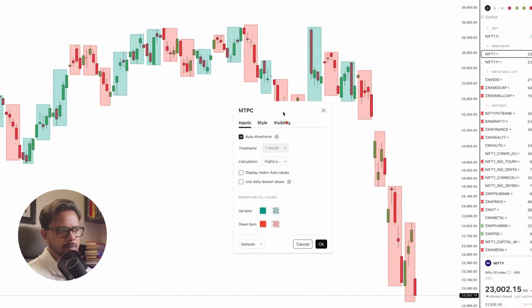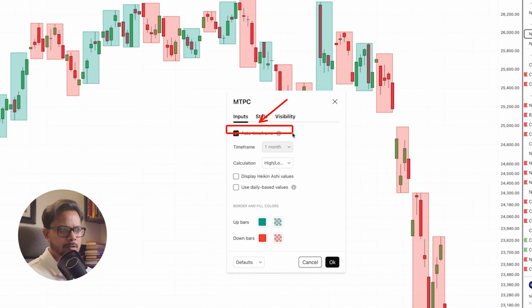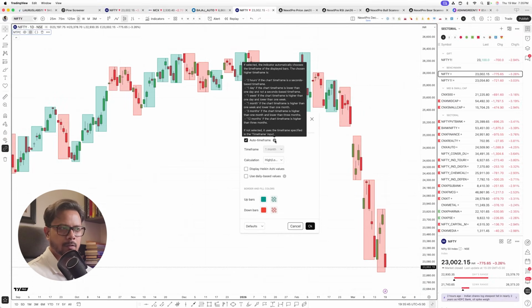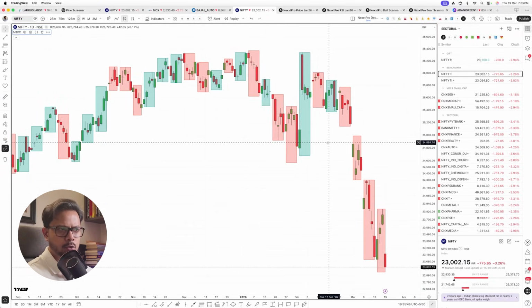Now, the auto time frame does a decent job. If you put your cursor on this icon, it tells you that if the current chart time frame is one day, then it will take the weekly. If you plot weekly, it will take the quarterly. If it's in minutes, it will take the daily, etc. So it does a pretty good job.